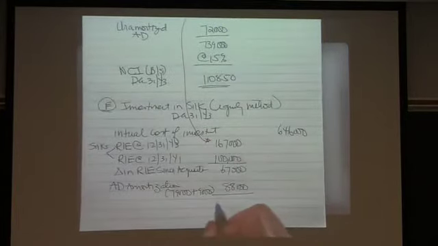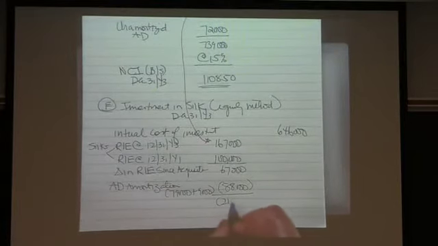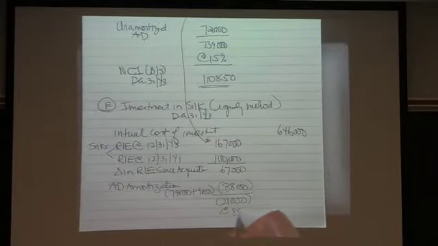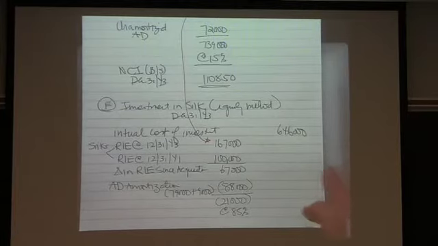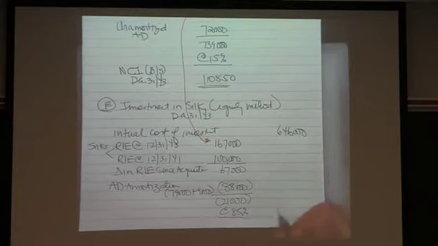So that gives us minus 21,000 at 85%. So this is very similar to, again, the retained earning reconciliation, if you saw that a bit earlier. And that gives us minus 17,850.